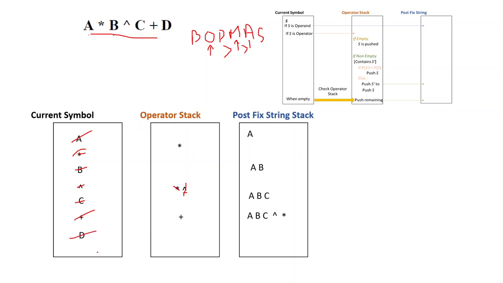Next we have the operand D. Now D will be pushed to this side, and since this is empty now, we will check the operator stack. The operator stack contains addition, which needs to be pushed to this side, and this is now empty, and this is your final postfix notation string.